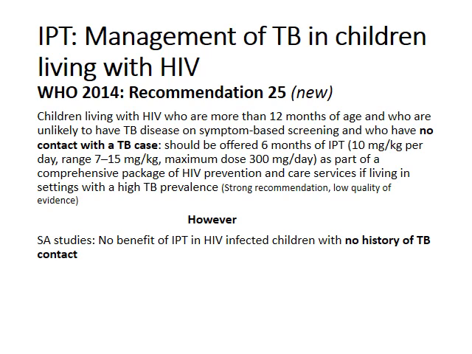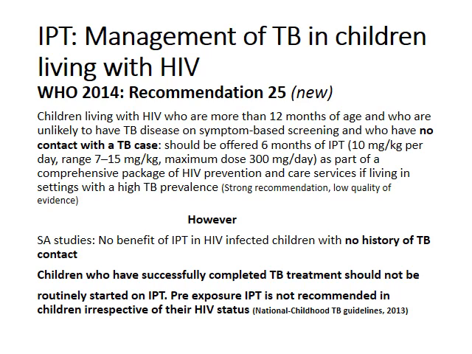However, in South Africa, there's been no benefit of that use of IPT in HIV-infected children with no history of TB contact. And so that is not current practice. So at the moment, we do not use pre-exposure INH. We only use IPT once we know a child has had a TB contact.